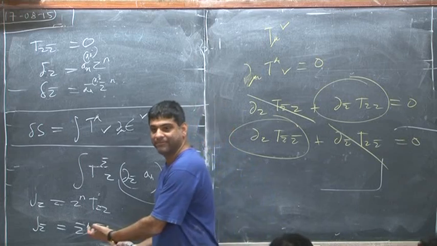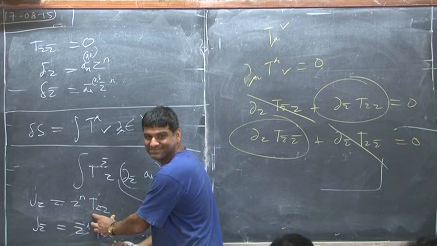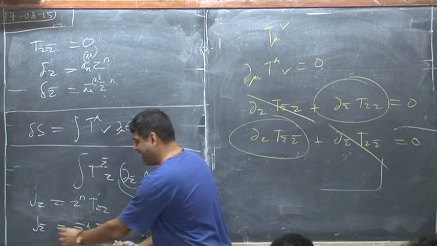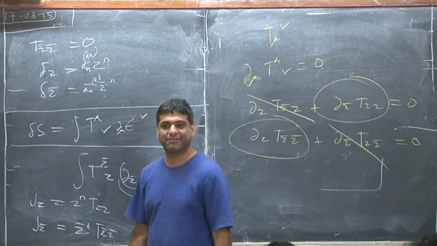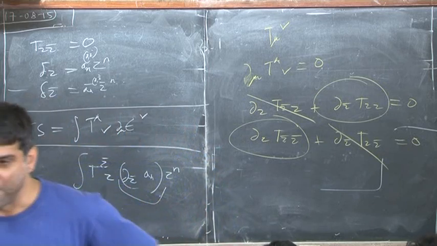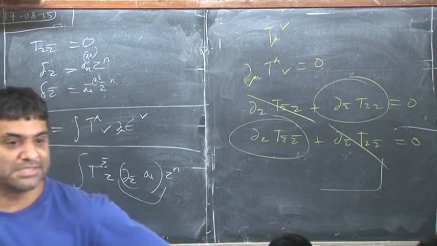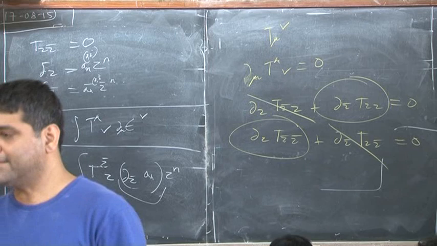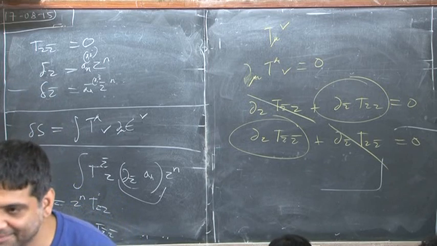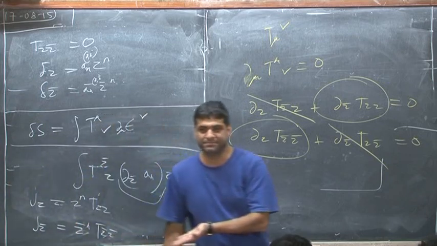Of course it does. Because this is Z to the power n times an analytic function, and this is Z bar to the power n times an anti-analytic function. So we're in the situation that we discussed in the previous class, where we've got conserved currents because the analytic part of the current is an analytic function of Z, and the anti-analytic part is an anti-analytic function of Z.